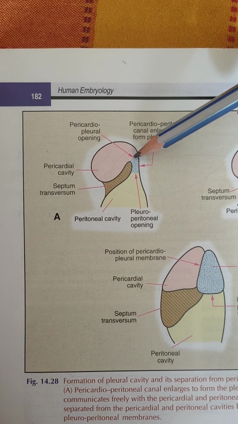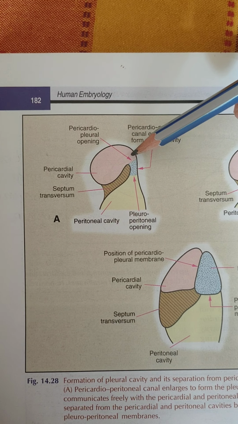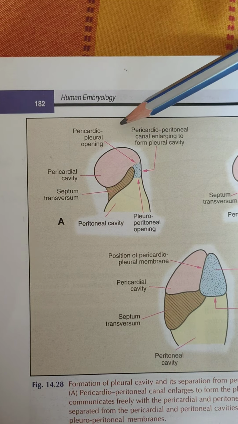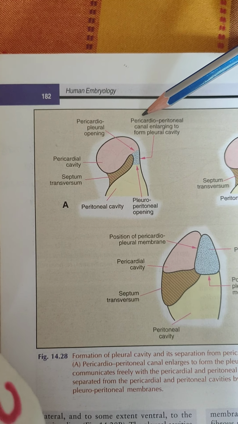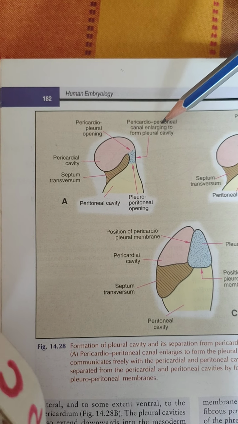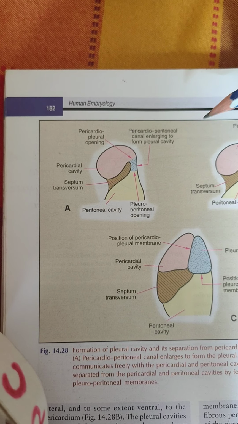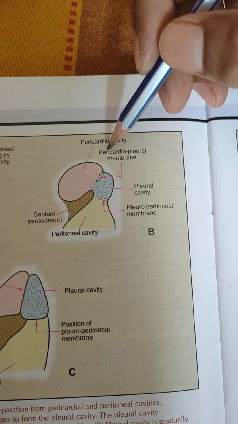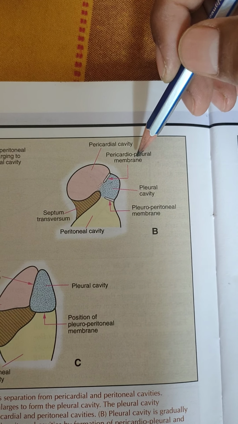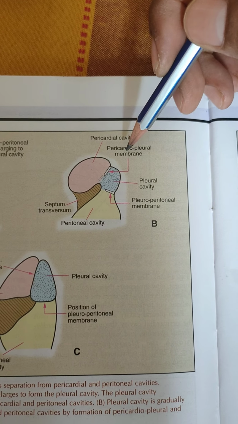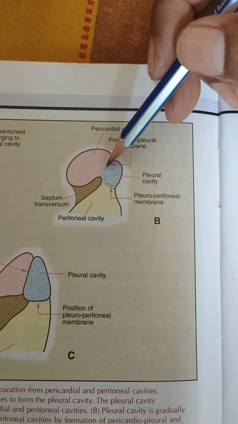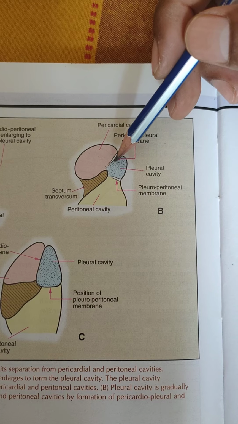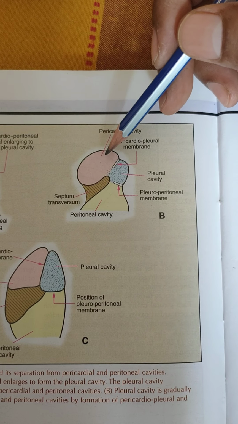So cranially, this pericardio-peritoneal canal will be closed by a membrane that is called the pericardio-pleural membrane. The pericardio-pleural membrane or fold will close the cranial or upper side of this pleural cavity from the pericardial cavity.